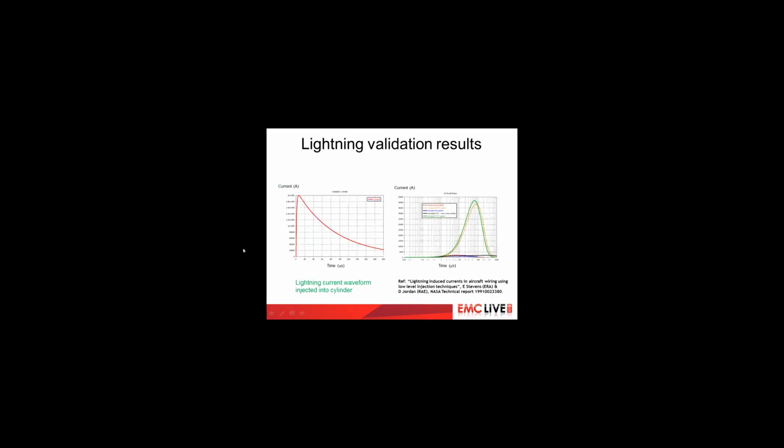Applying this to the lightning test cylinder, we can see how the different materials affect the coupling to the wire inside the cylinder. You can see from the results on the right-hand side, the strongest current is seen for the carbon fiber cylinder, which we would expect. The induced levels are some 50,000 amps or so. This is the green and the orange curves.